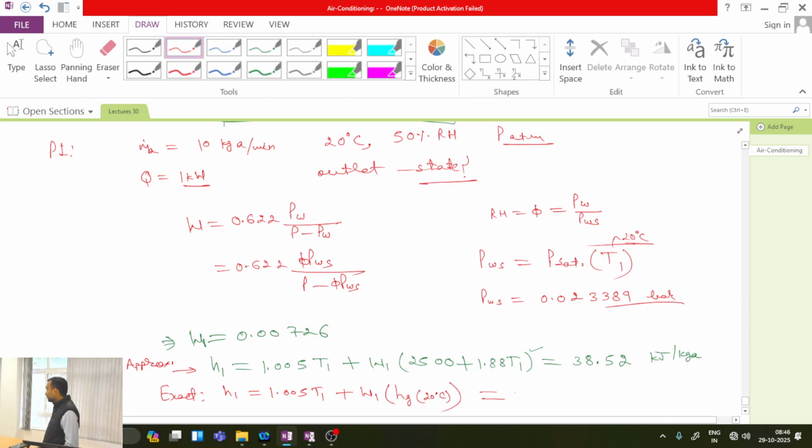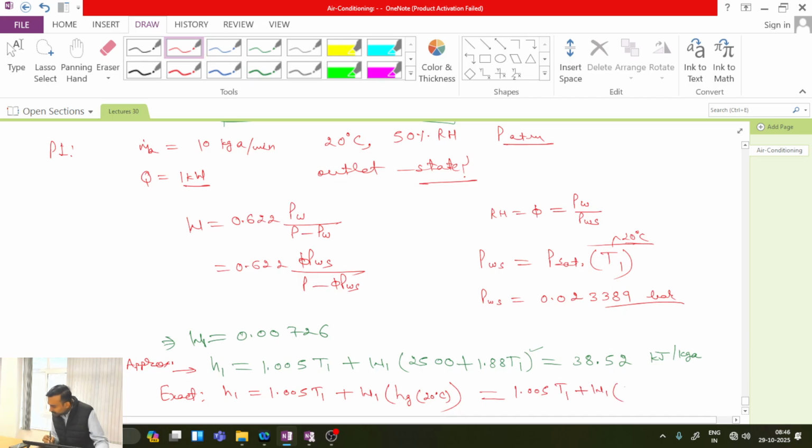Is this point clear or not? What typically is enthalpy? Dry air part plus water vapor part. Water vapor is present in which state? Vapor state. So I can take the vapor enthalpy at 20 degrees Celsius. This is the other way of calculating the exact value.